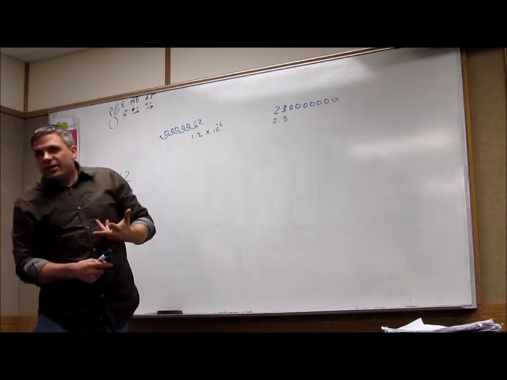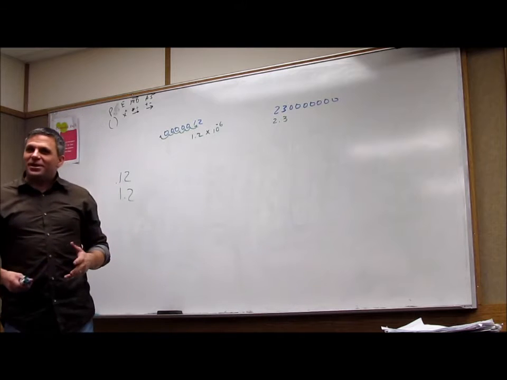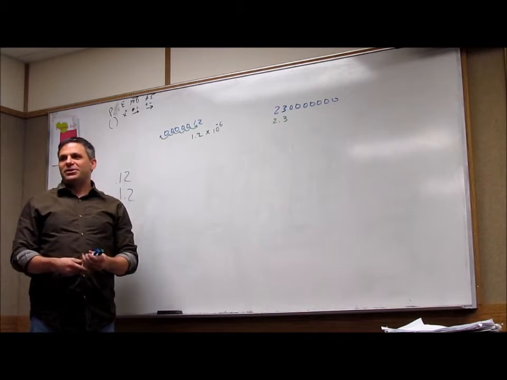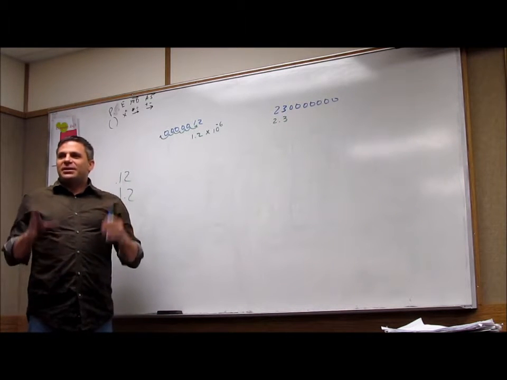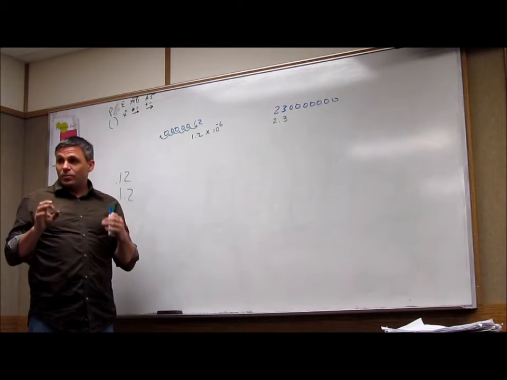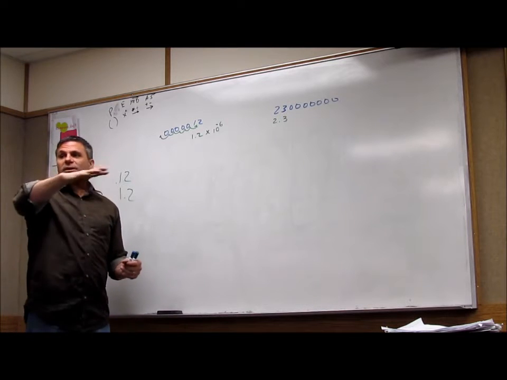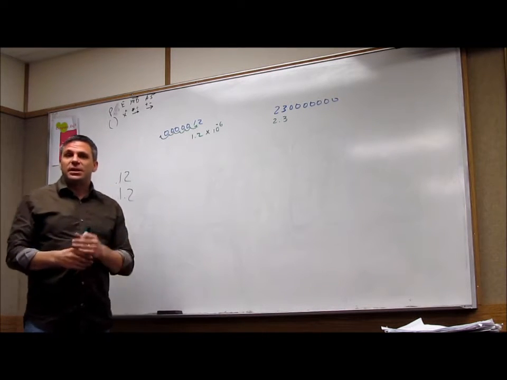Smaller, negative. Now the book's going to tell you the opposite. Sometimes I do different things than the book, and this is one of the ways. It's confusing the way the book has always taught students, I believe.